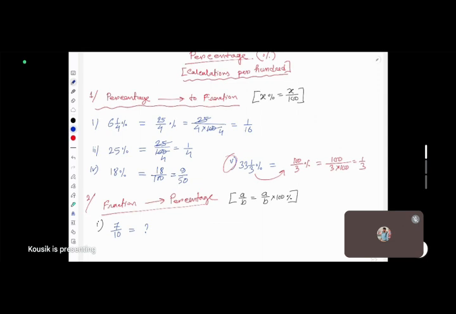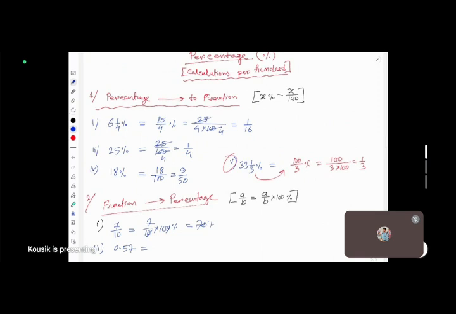Right. 7/10 into 100%, that means 70%. 0.57 is equal to how many percent?